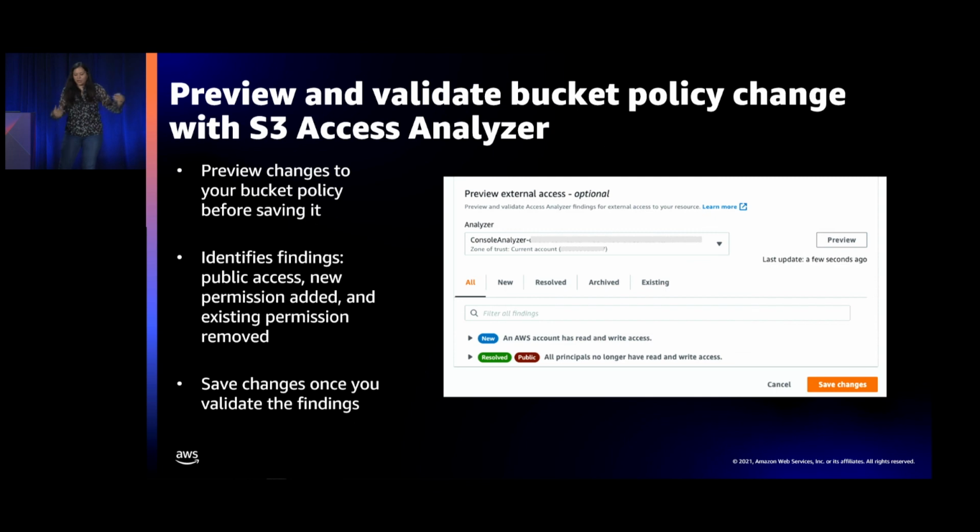Now, if you update your bucket policy to remove that public access and to only allow one specific external account to read your bucket, you will see 2 findings from Access Analyzer. The first one is you have a new access, and the second one is you have a resolved public access. So this setting helps you make sure that you are applying the right permissions to your bucket and feel confident about that.